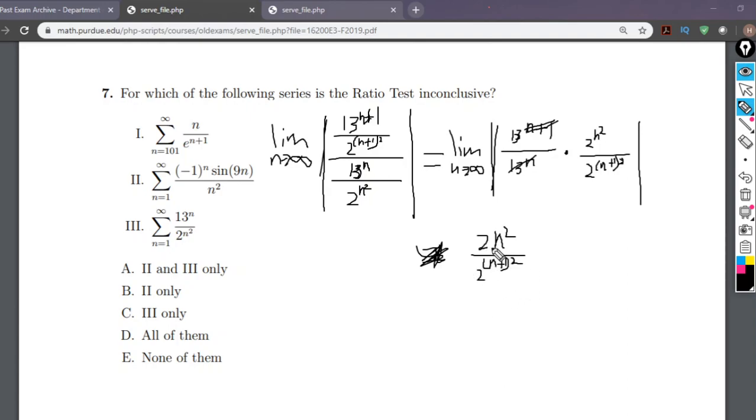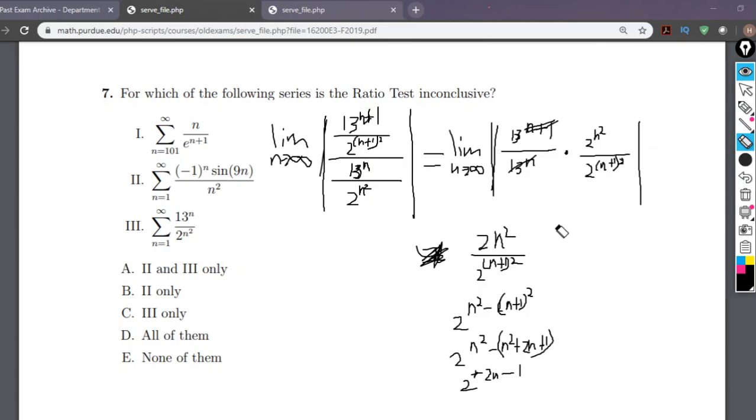When you divide two exponents on the same base, it will be 2 to the n squared minus n plus 1 squared. We will expand this square: n squared plus 2n plus 1. And simplify further, so n squared and n squared will cancel, and it will be 2 to the negative 2n minus 1 power. So this thing simplifies to that.